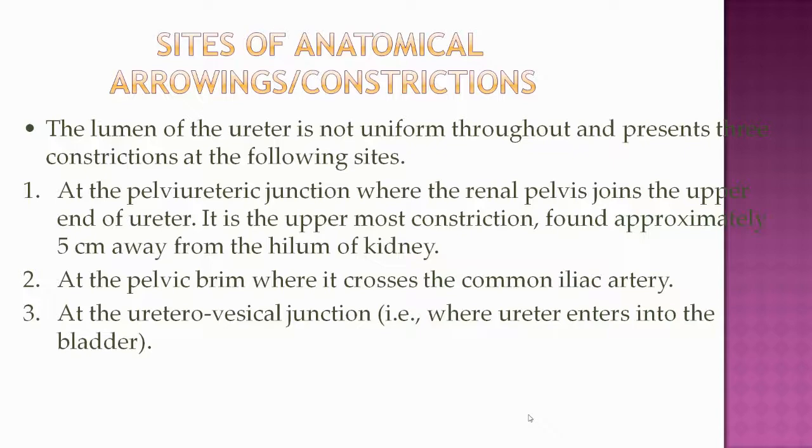It is the uppermost constriction, found approximately 5 centimeter away from the hilum of the kidney. Second, at the pelvic brim, where it crosses the common iliac artery. And third, at the ureterovesical junction, where the ureter enters into the bladder.